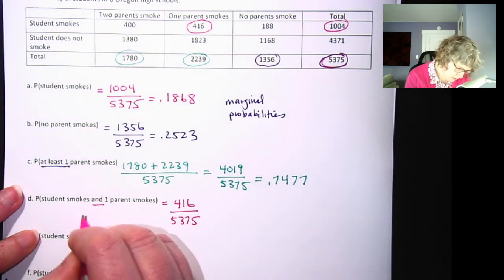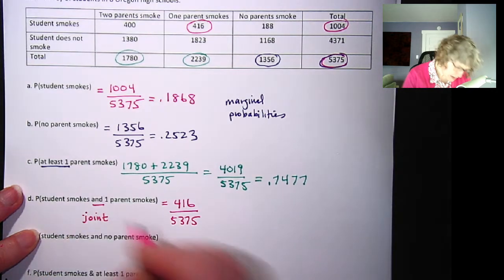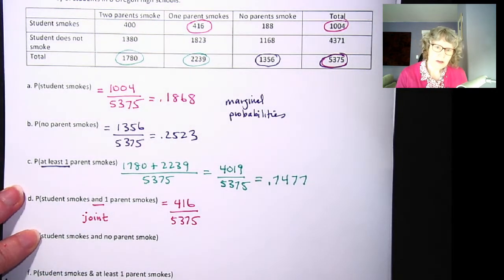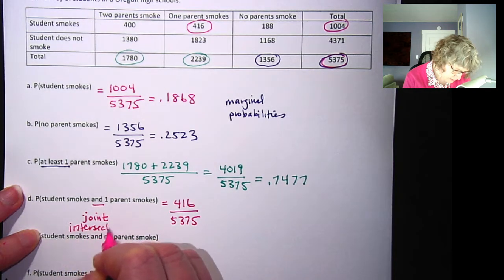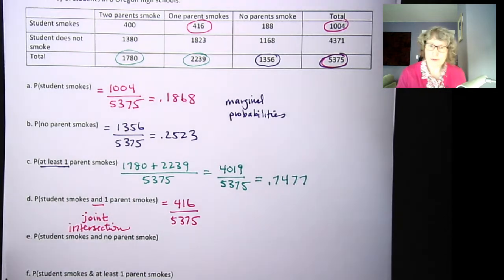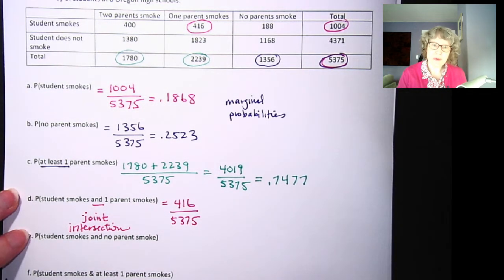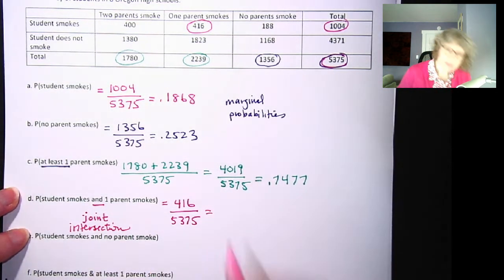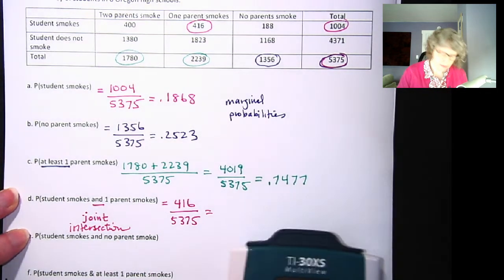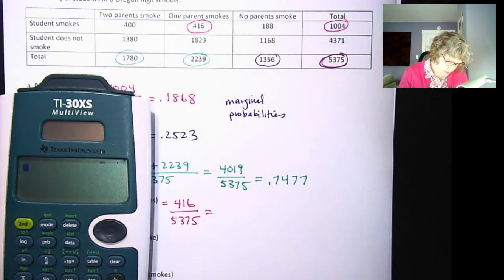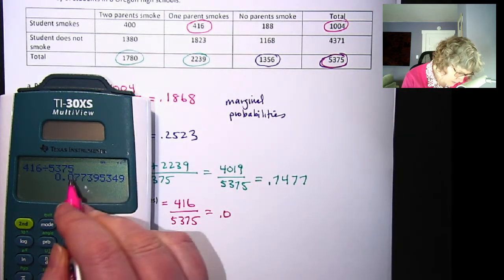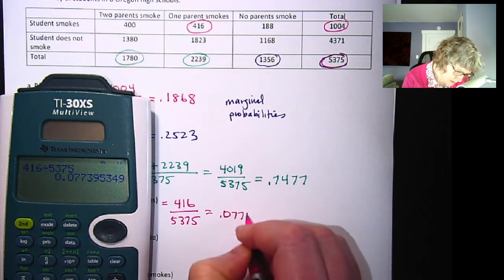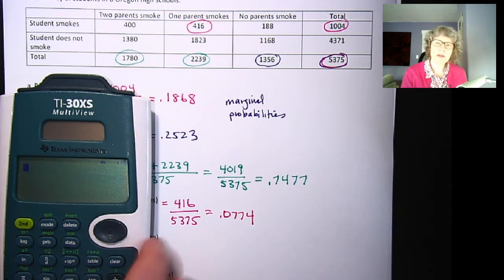So and is called a joint probability, and let's also write down that it's the intersection. These are going to be all mixed up in your open math, so these keywords are really important. Let's get a decimal for that: 416 out of 5375 is 0.0774.